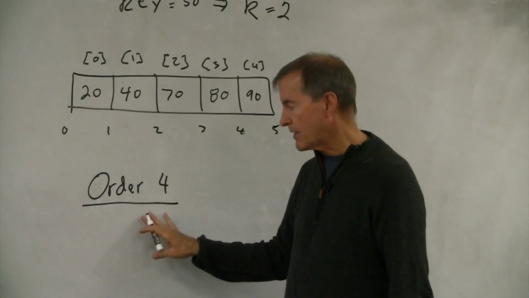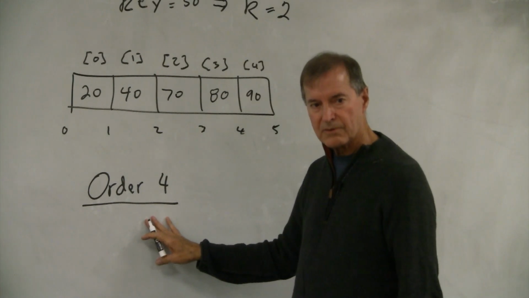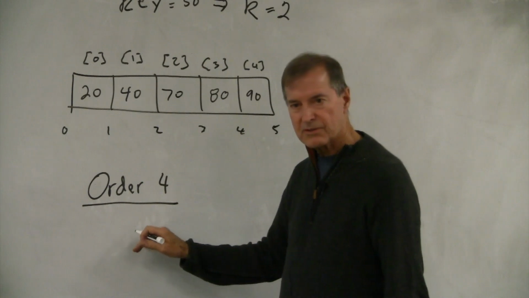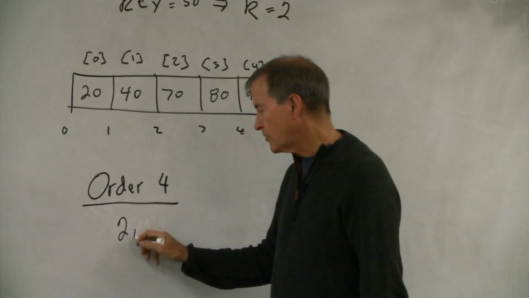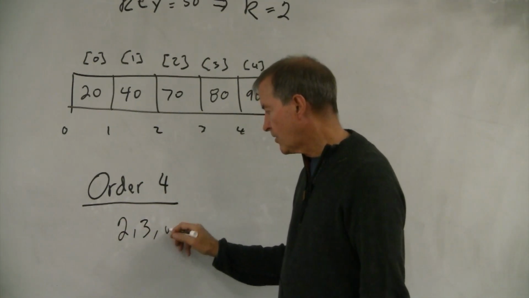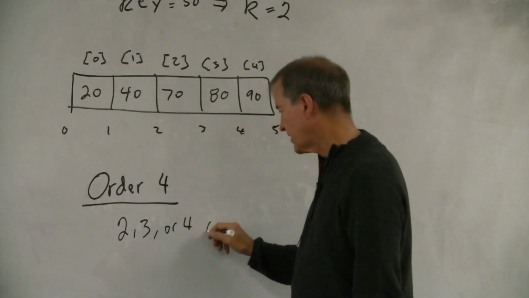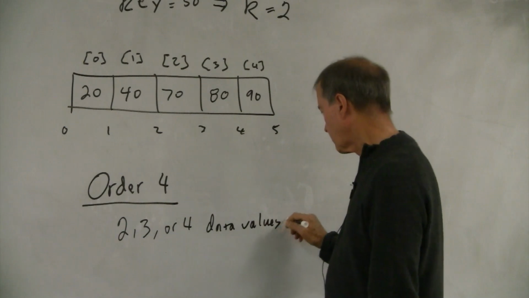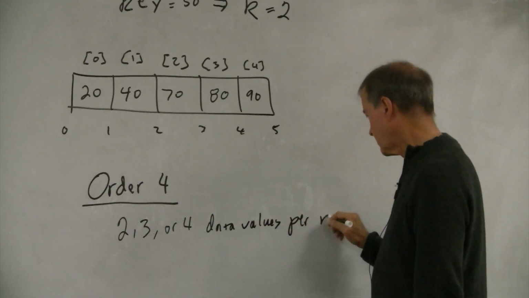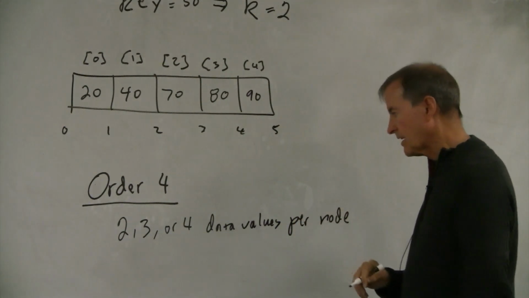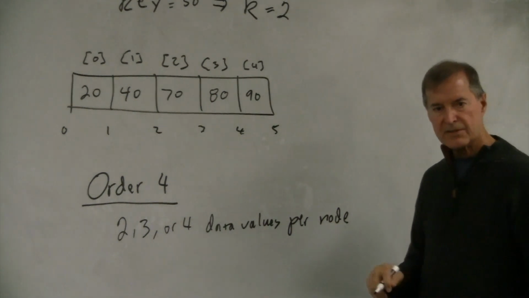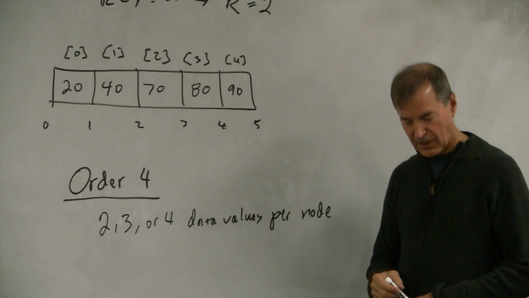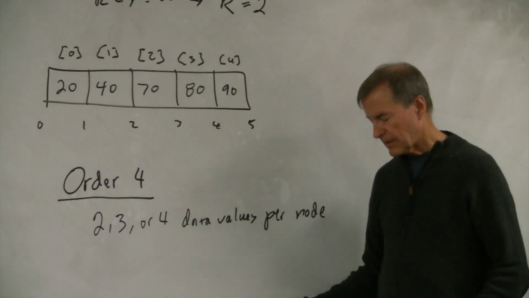What are the possible values? 2, 3, or 4 data values per node. Now, is everybody clear on that? Because it's between 2 and the order: 2, 3, and 4. Are you with me? Okay.